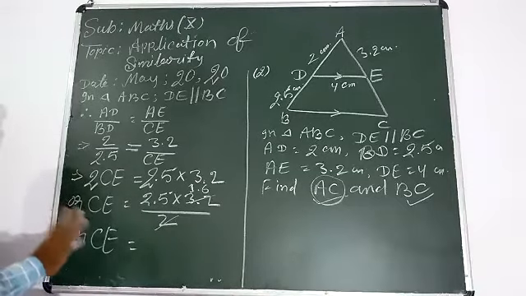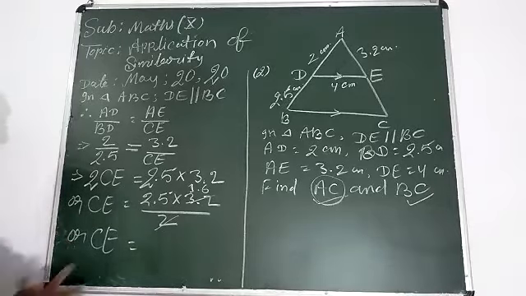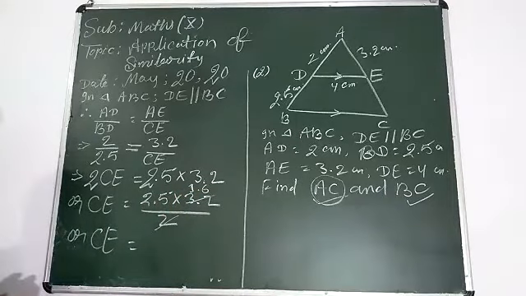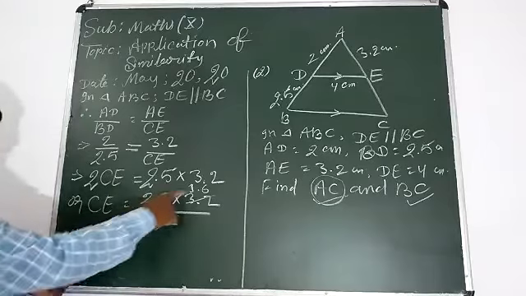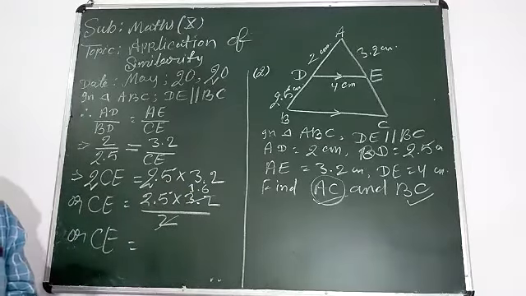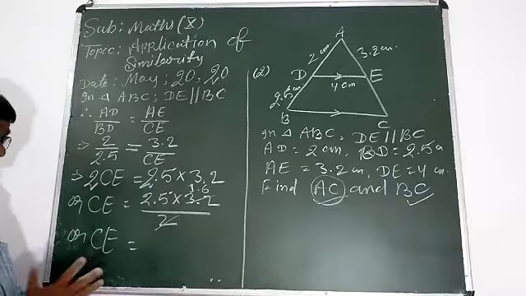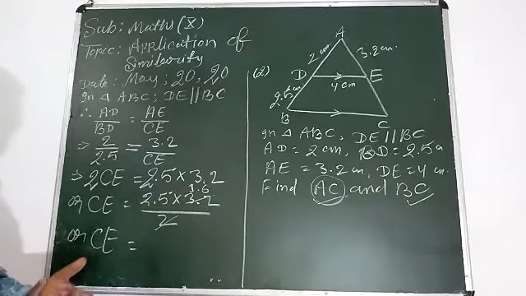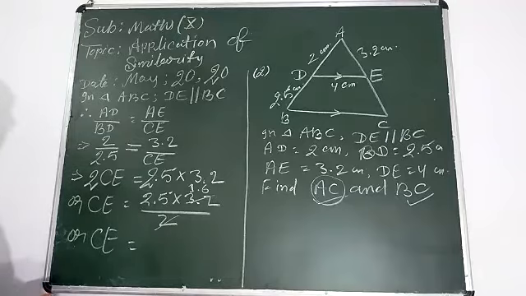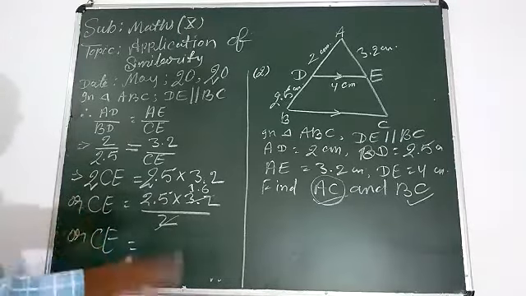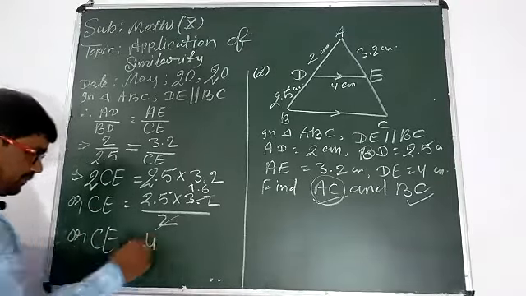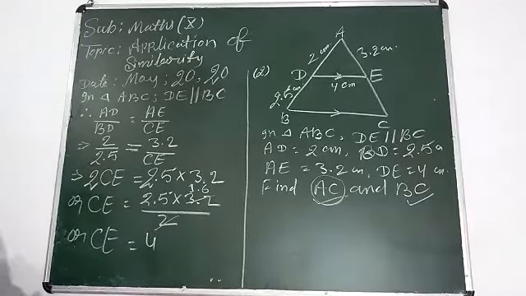Mind the system of operation also: ignore the decimal, and multiply 25 by 16, that means 400. Now place the decimal after 2 digits from the right, because there is 1 digit here and 1 digit there. The zeros after the point are ignored. So you will get 4. CE is 4.